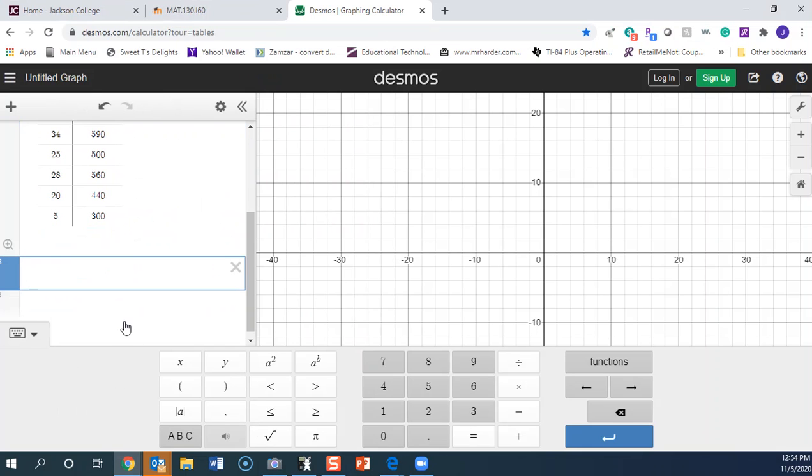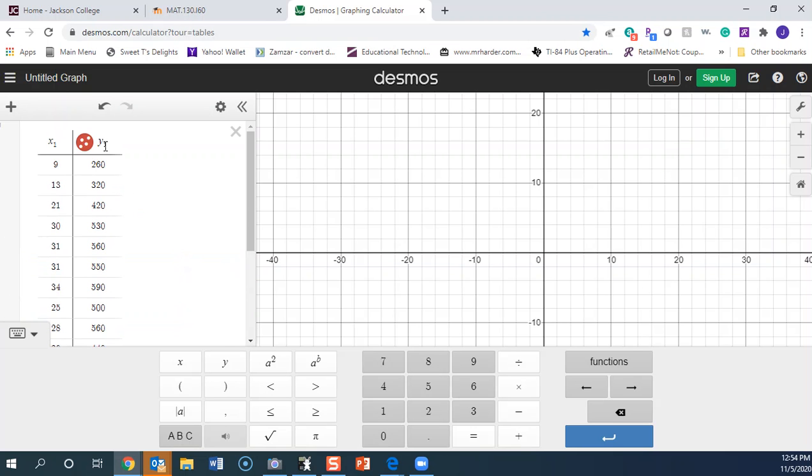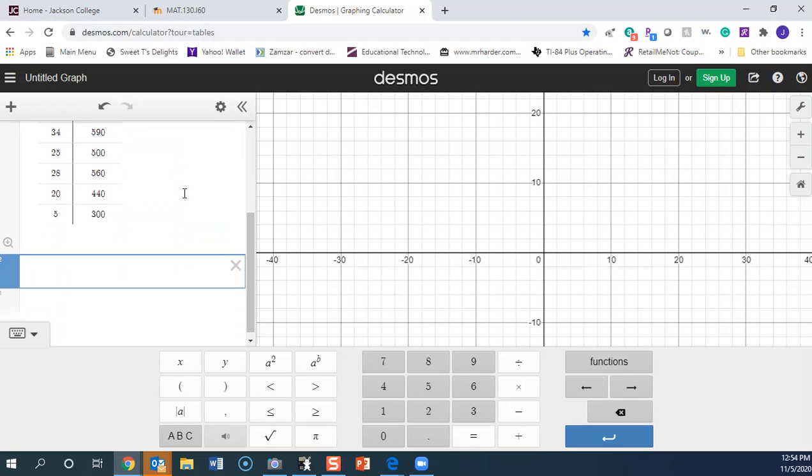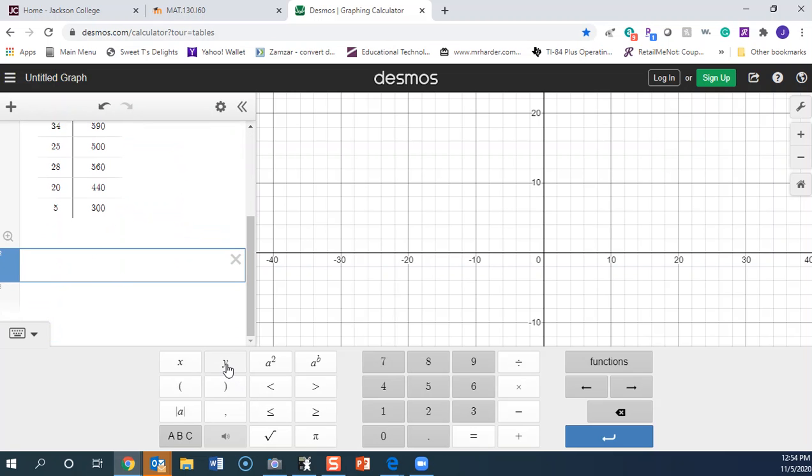Now our next step, and I need you to pay close attention to this. We know the equation is y equals mx plus b. We already know that. We've been working with that so far. But we have to type this in a little differently in Desmos. So if you look here at this table, you got y1 and x1. The first thing you would do for y, you would hit y and then the number 1.